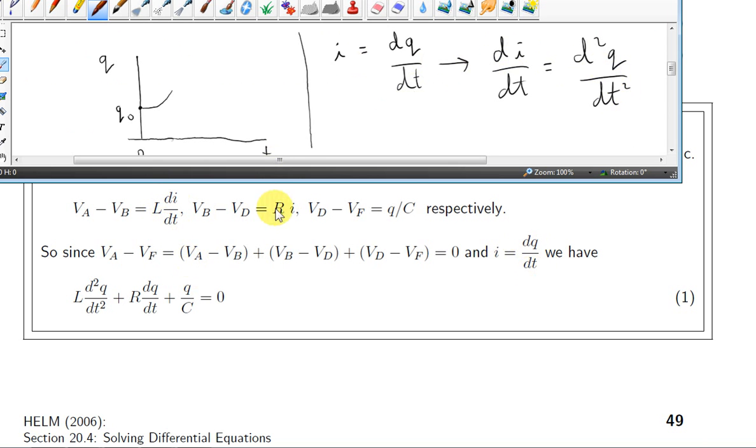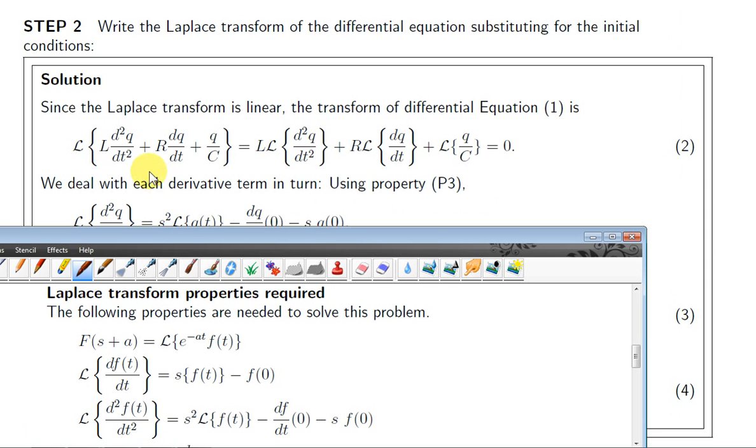So we get the sum of L di dt, Ri, and q over C, and we replace di dt with d2q dt2. Then we have R times i. Well, i is just dq dt, so we plug dq dt in for i, and finally we have q over C. So the dependent variable is q, the independent variable is t. So we have to solve for q as a function of time. L, R, and C are constants.